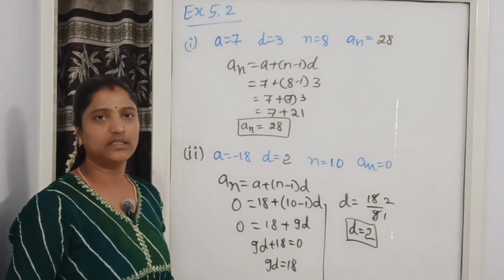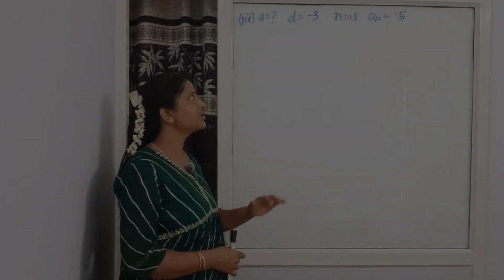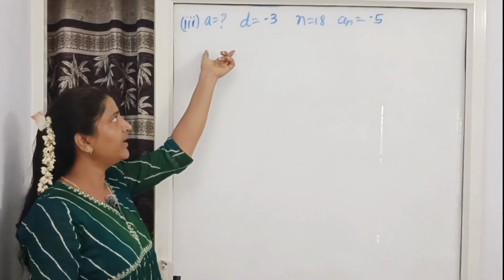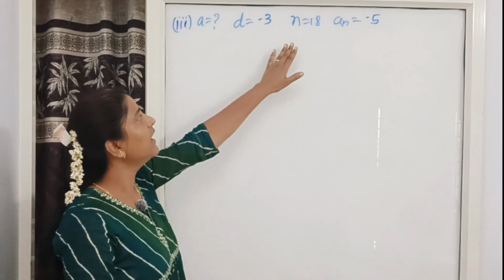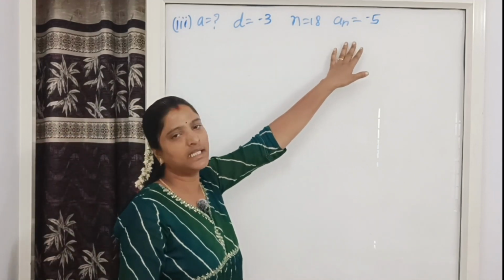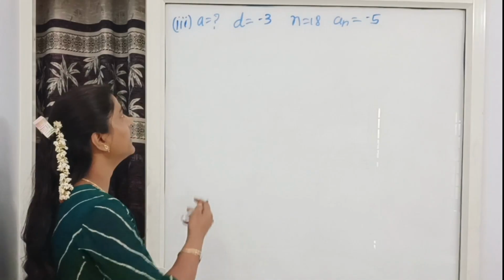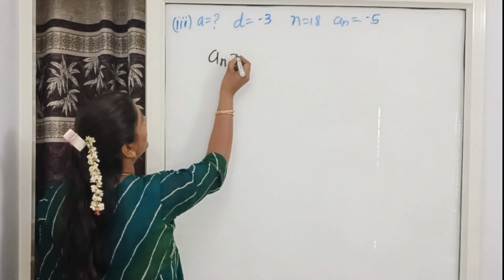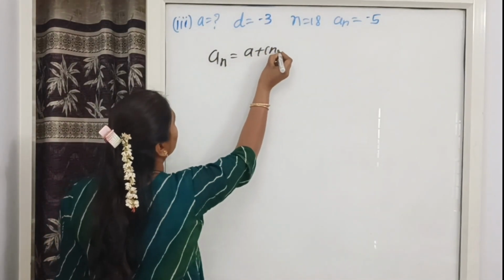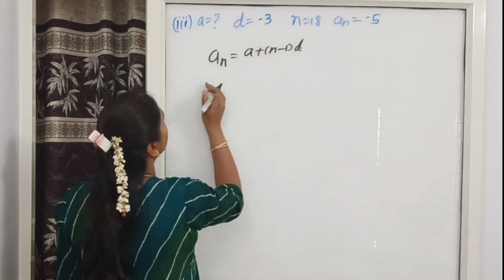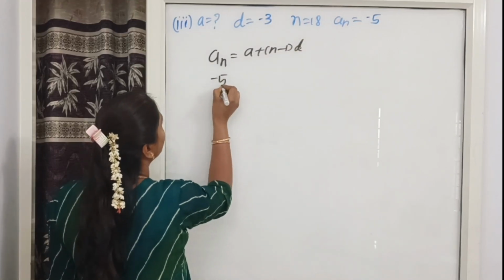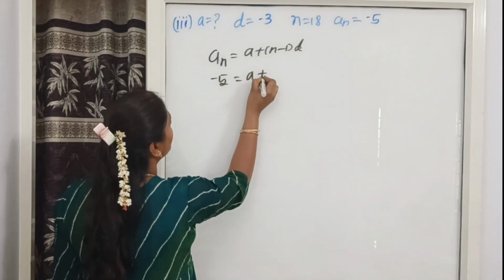Let us move to the third question. In the third question the first term is what we need to find. The common difference is minus 3, the number of terms is 18 and the nth term is minus 5. So let us write the nth term formula: A plus n minus 1 into D. So what is an? Minus 5. A we need to find out.